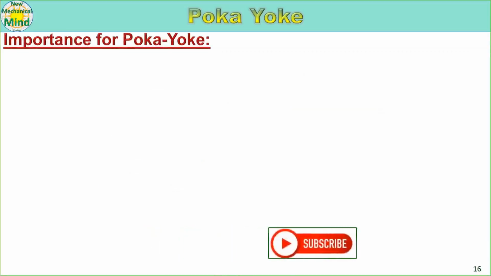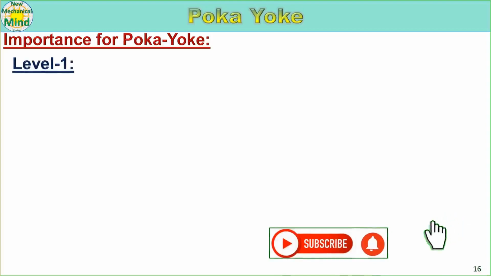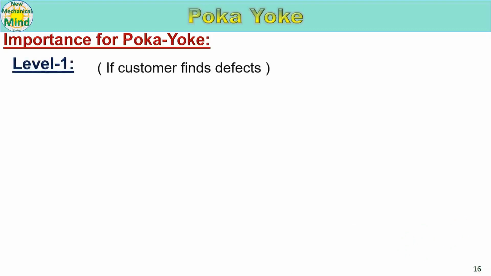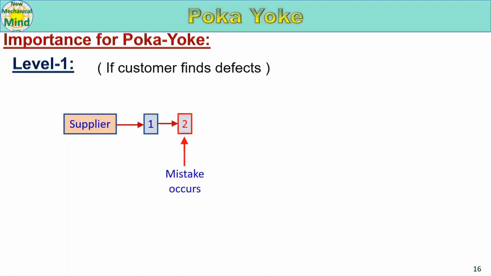Importance of Poka. We have to give importance to Poka. Let us see why. Assume level 1. If the customer finds any quality defects, let us assume that one supplier is supplying a part to us and we are processing at our plant. First station, second station.